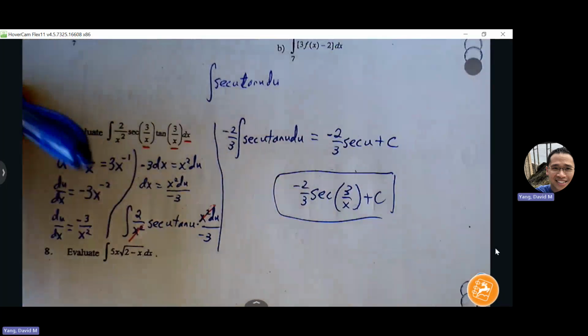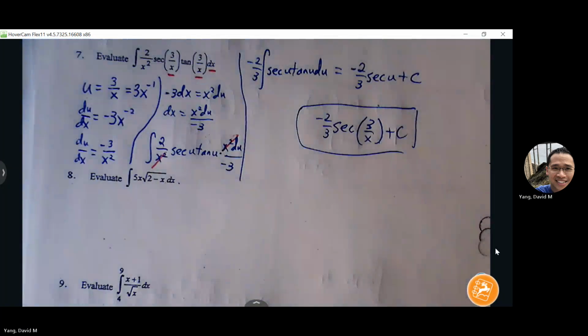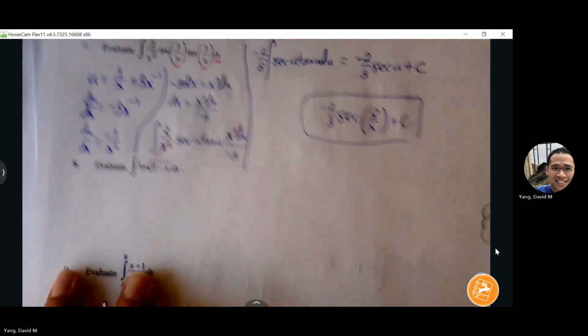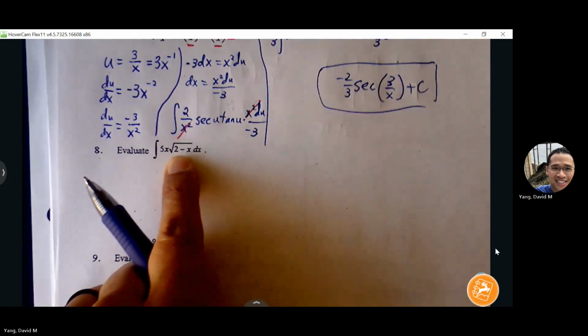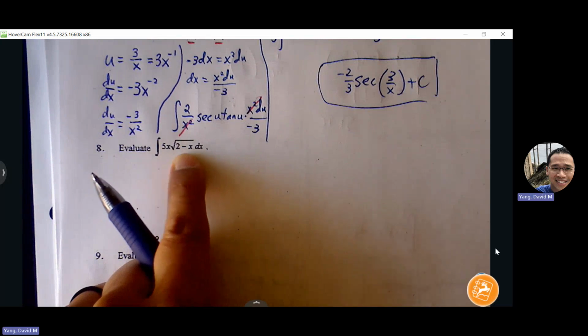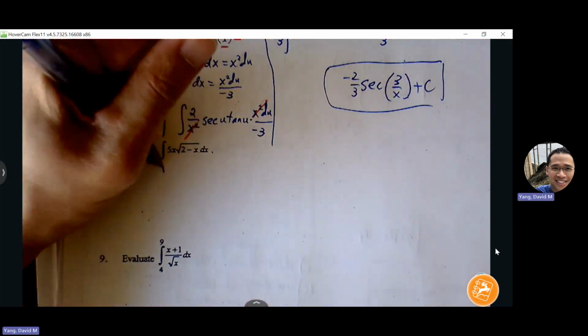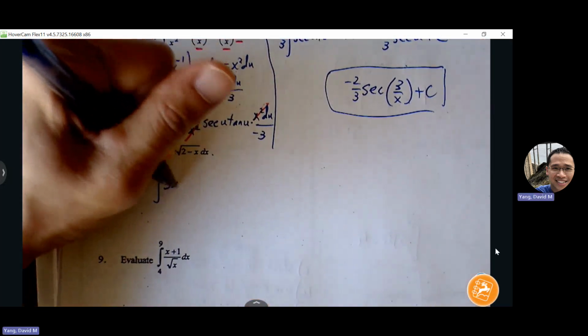Okay, number 8. Expansion, is that possible? Cannot expand. It's got to be a u substitution, right? But what's our u value going to be? 2 minus x.